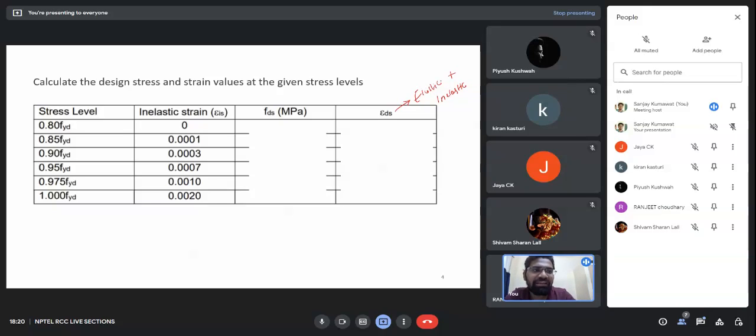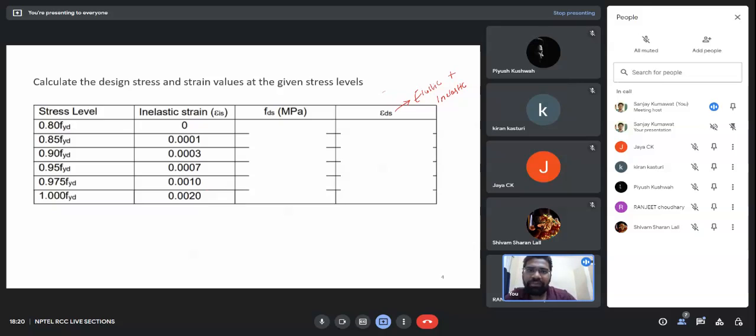From where do I get the elastic strain? I get the elastic strain from the design stress. The inelastic strain, I have already told you, we cannot find, because in the nonlinear zone we have no control or no particular formula. But in the elastic zone I can find the elastic strain from the slope of the curve, and the inelastic strain values have been provided to us.